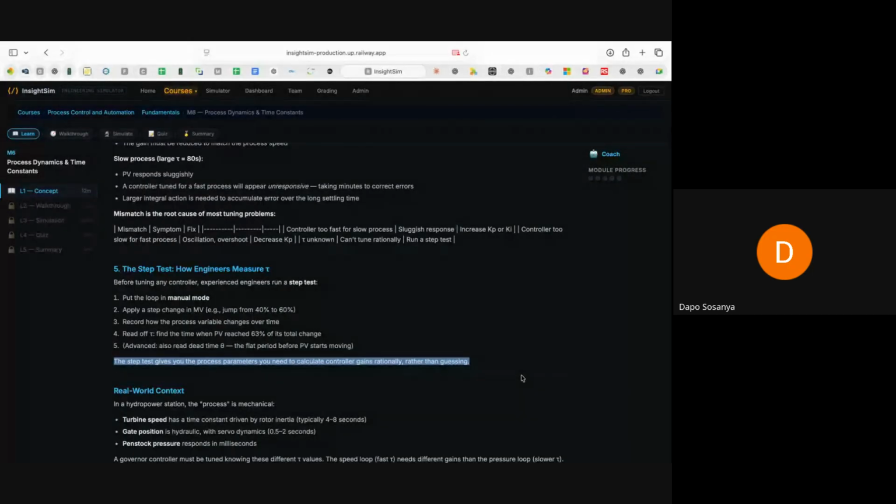Even a valid method like trial and error will be more efficient if you understand the relationship between the time constant, the dead time, the lag, and all of those process dynamics.